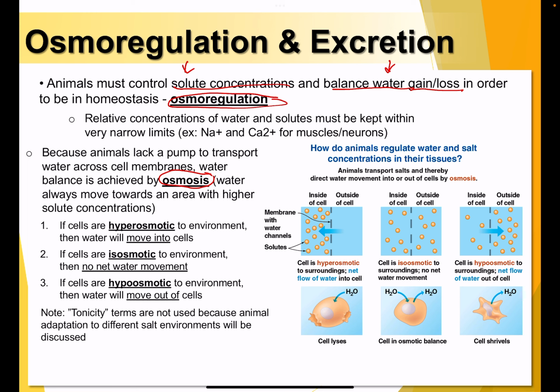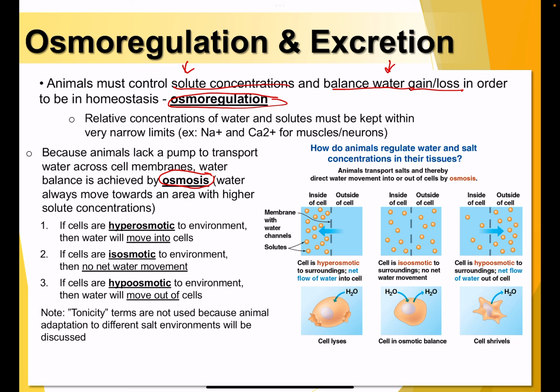In this particular chapter, the tonicity terms are out the door and not used because animal adaptation to different salt environments is what we're focusing on here, not what this red blood cell will do in this known salt concentration solution. Okay, so that's what tonicity meant. We know we have this bag of certain percent salt concentration, 0.01 or 5%. So what would happen if I dunk this cell into the solution?